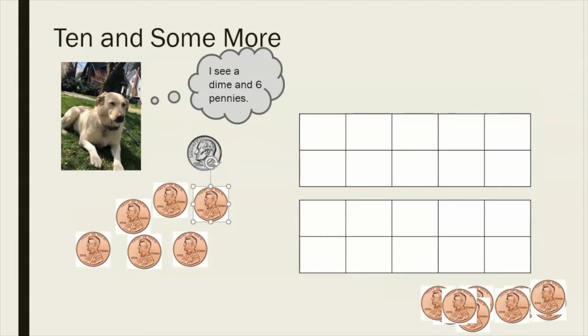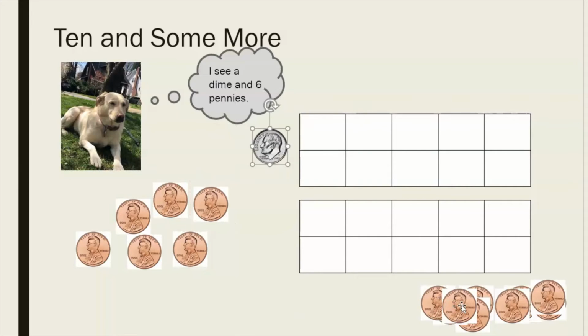Let's figure out 10 and some more. Padme says that she sees a dime and 6 pennies. So let's go ahead and talk about what we have. If we have a dime, we need to figure out how many pennies that is.